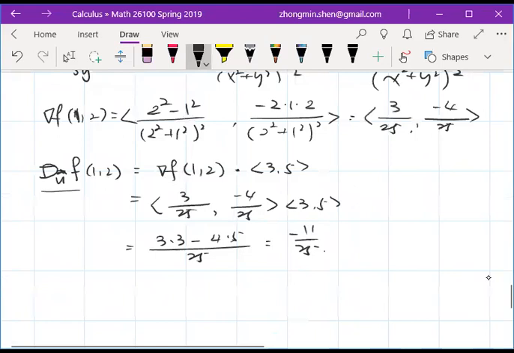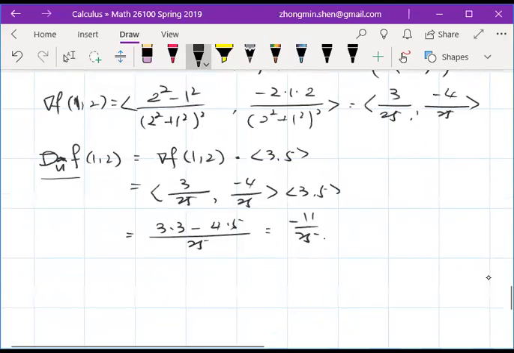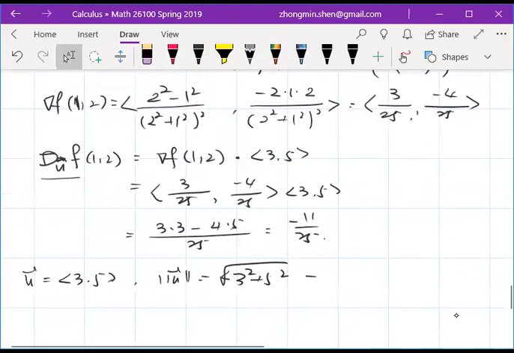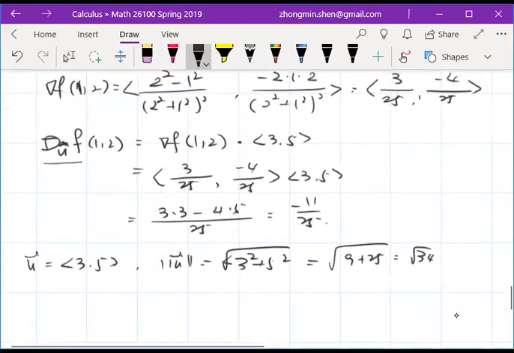So if we normalize, given this vector, the length of this vector is the square root of 3 squared plus 5 squared, which is 9 plus 25, the square root of 34.